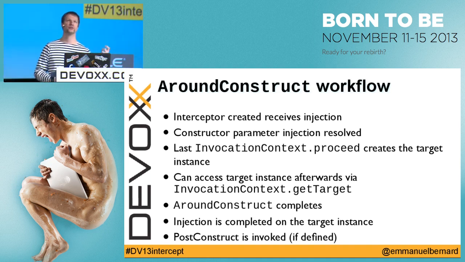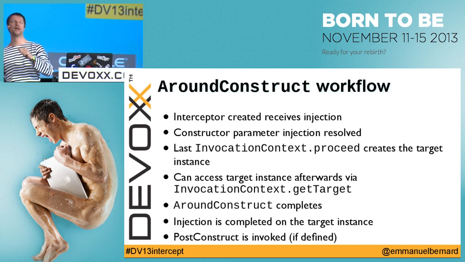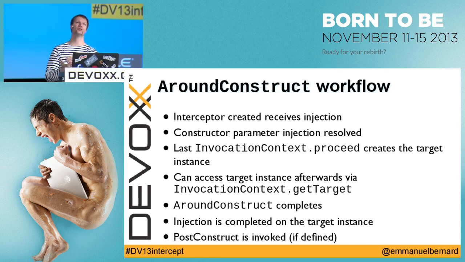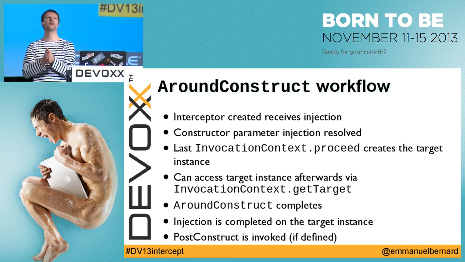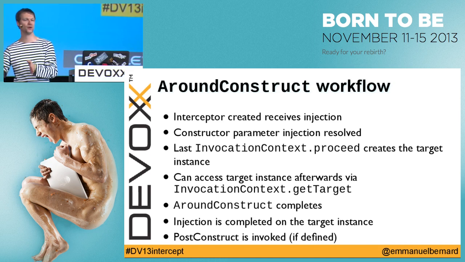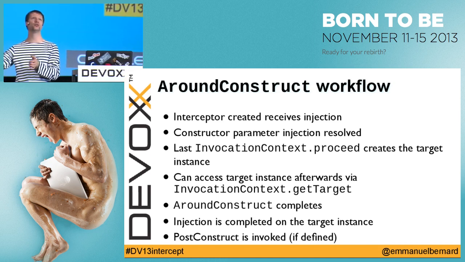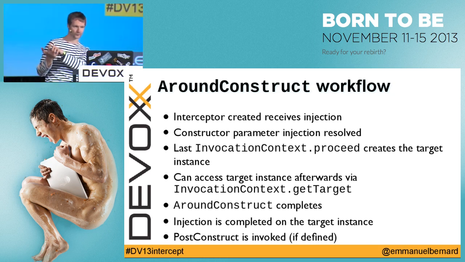And an interceptor is really a method that receives this invocation context object, does some stuff before, calls proceed that says go call the next guy, and does some stuff after potentially, and then returns the value, okay? So proceed literally says go call the next interceptor in the stack, and the last interceptor in the stack is actually going to create the new target, the instance of the component.